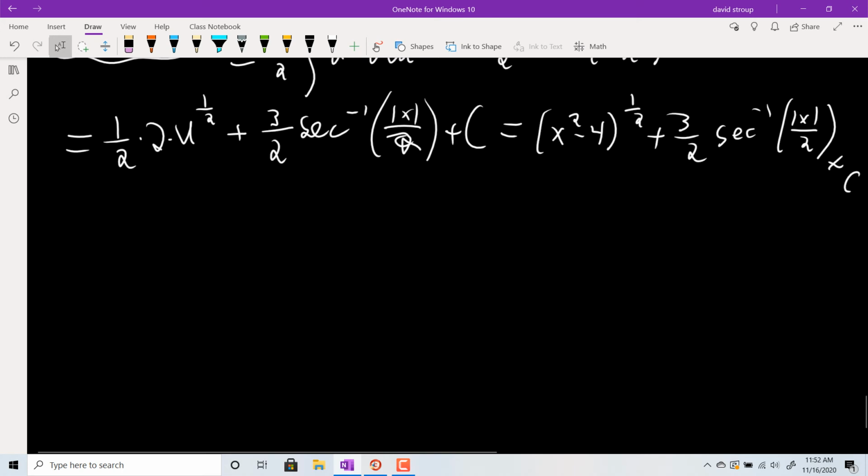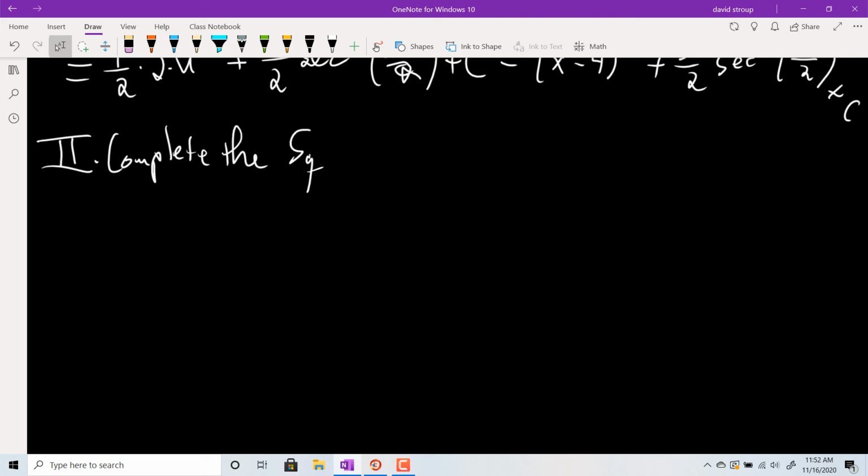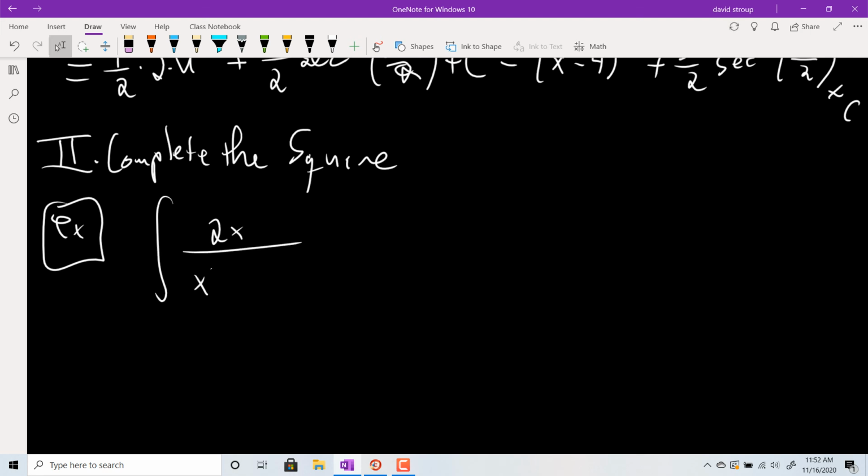Next, completing the square with these guys. So for example, you'll see things like the integral of 2x all over x squared plus 6x plus 13 dx.